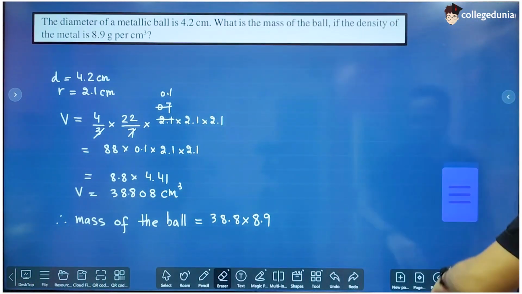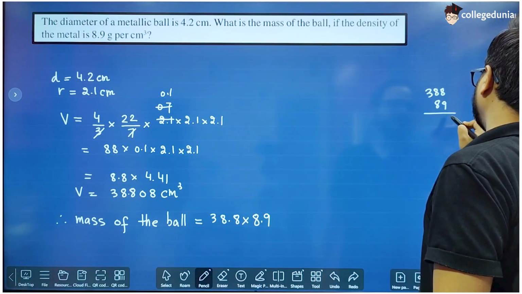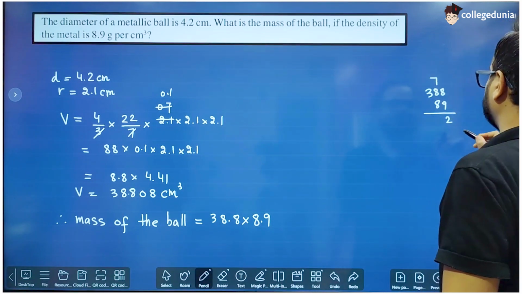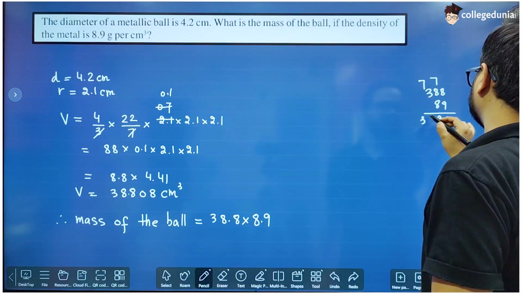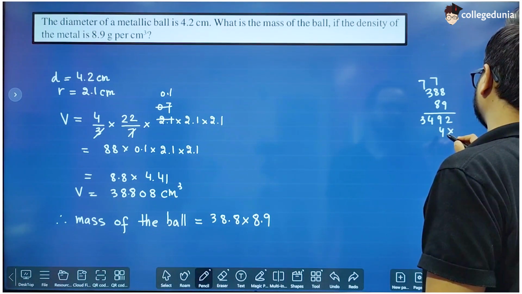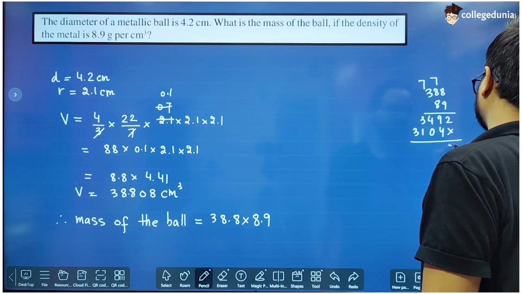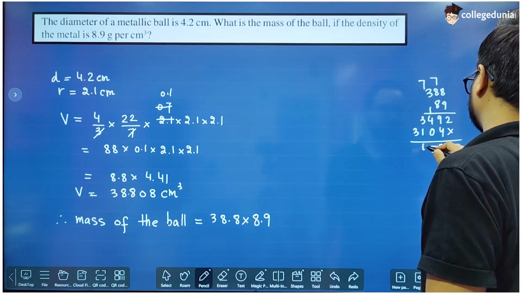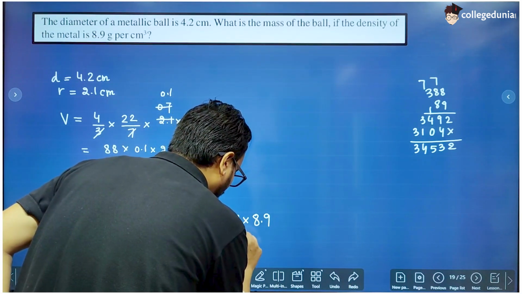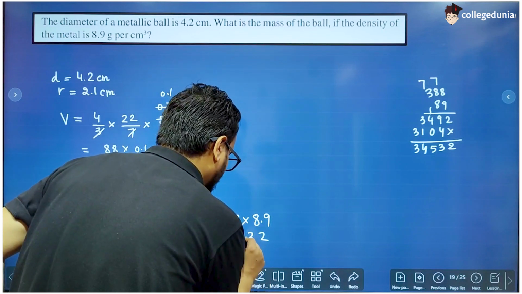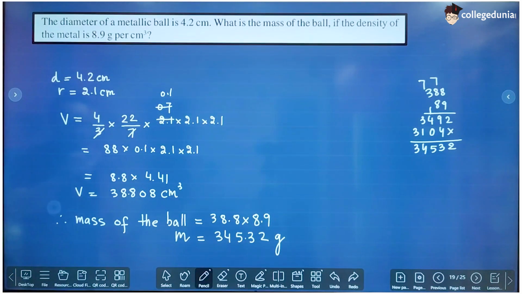So 388 into 89 is 34532, and that will be the mass of the ball in grams.